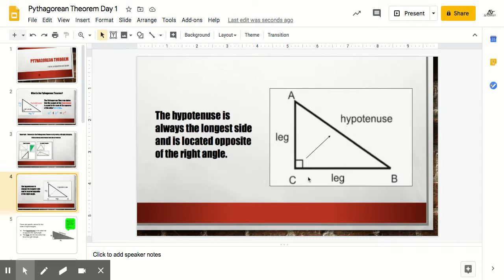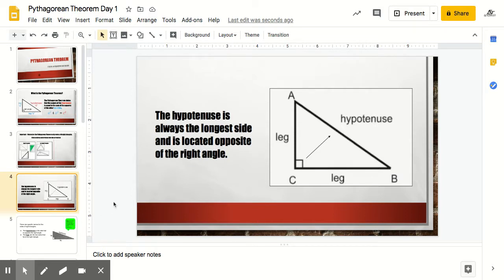So if we look at this right triangle, here's my right angle. The hypotenuse is always the side that's directly opposite from that. So it's a little hint: if you draw an arrow from the right angle to the side, that will always give you your hypotenuse. Again, remember that the hypotenuse is always the longest side.